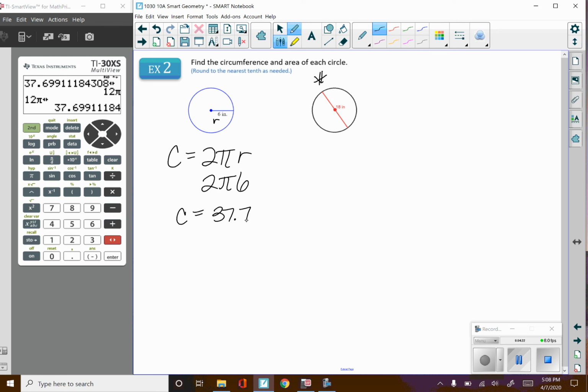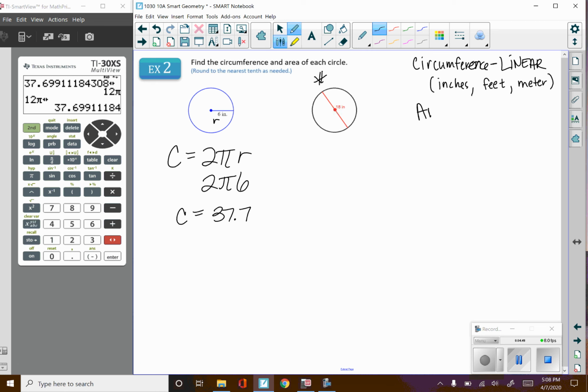And it's going to definitely ask you the units. For circumference, that is a linear measurement. In other words, you could measure it with a tape measure. So that would be in inches or maybe feet or maybe meters or whatever measurement they're giving you.